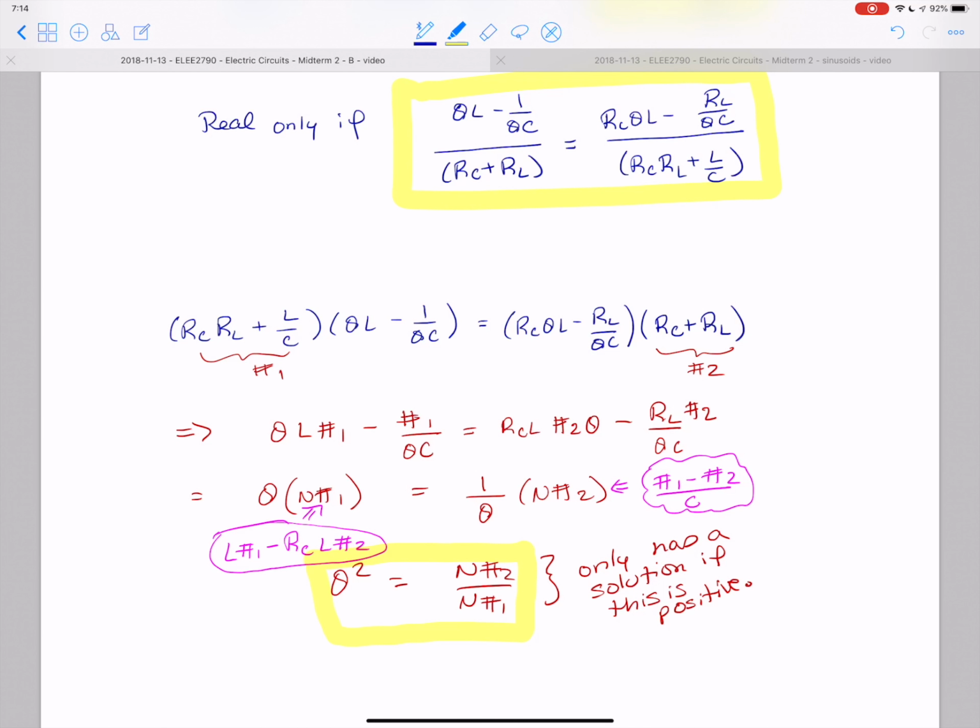There will be times when there's a solution, and times when there is none. That depends on whether you can ensure that these numbers are both positive. If either is negative, then theta would be a complex number, but frequencies have to be real, so that would not be possible. So this is a detailed proof that the answer to that question is false.